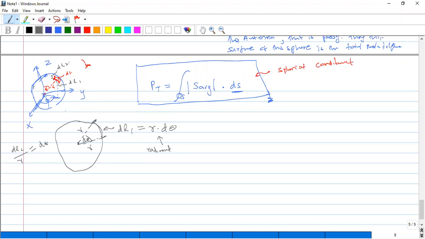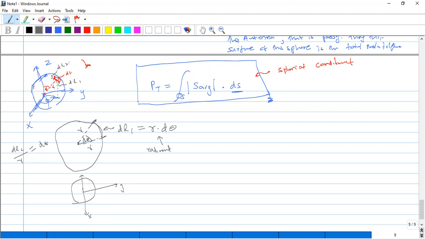dl2 means you have to consider the xy plane. If you consider the xy plane, that circle is like this, with x and y axes. Now you have to consider this point and this point.